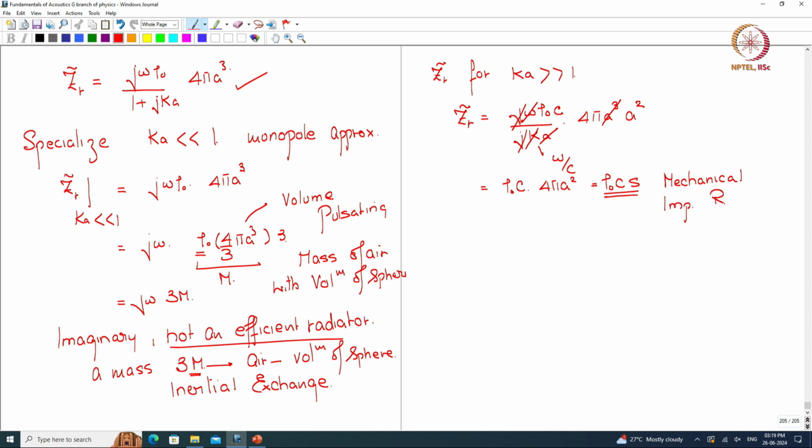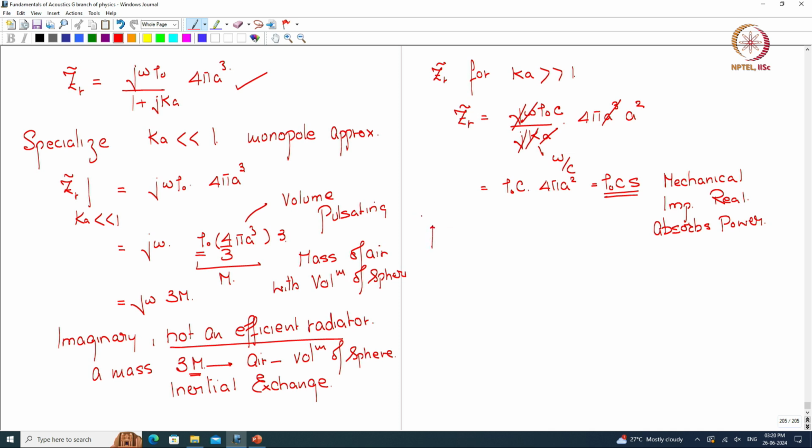and it is real and therefore absorbs power. It is dissipative. The source sees the medium as something that takes power. So the source is efficient.